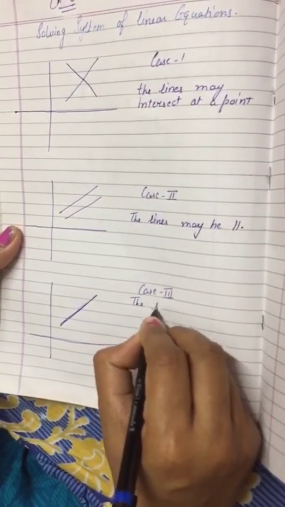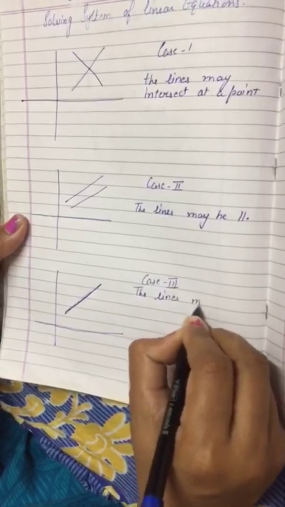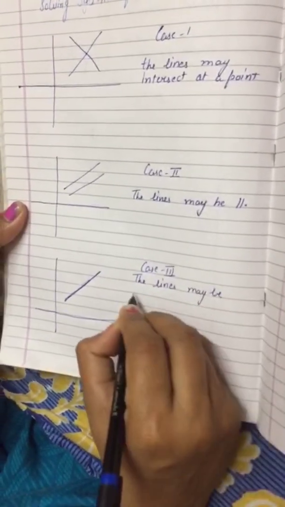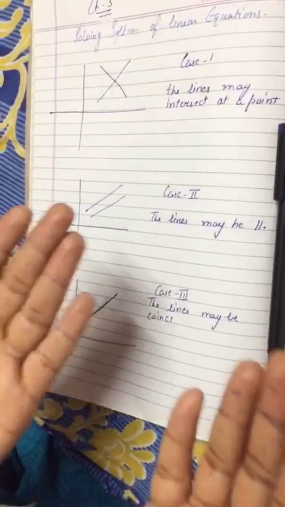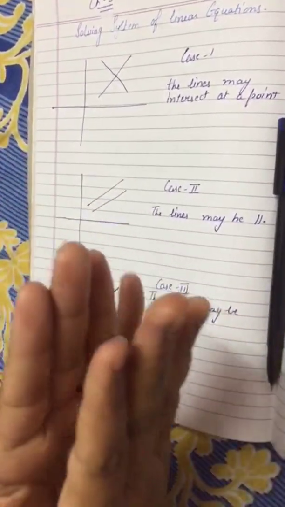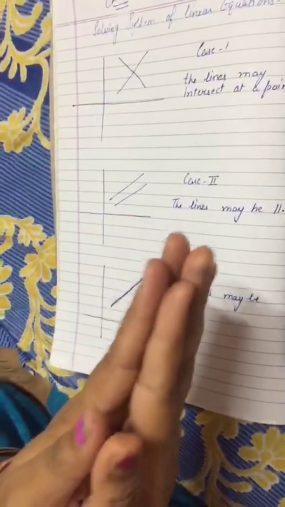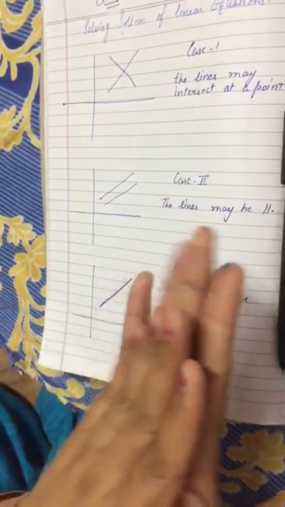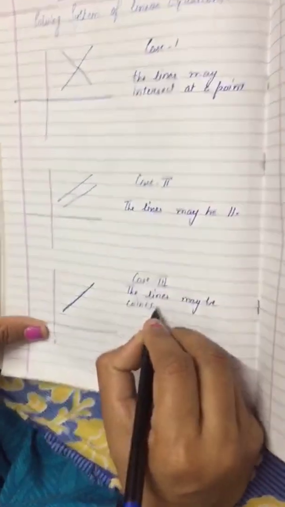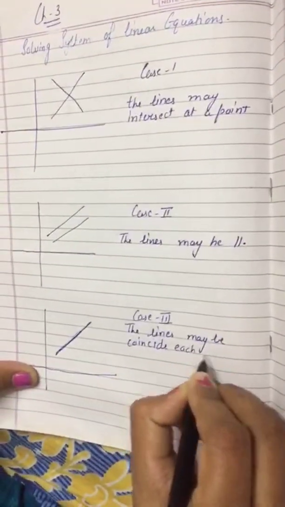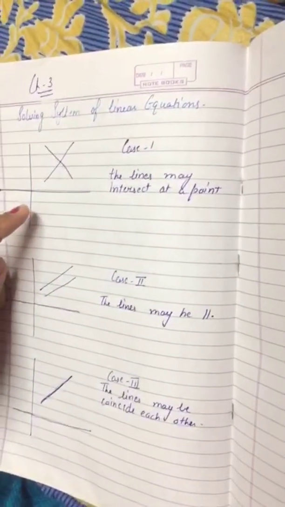The lines may coincide. Coincide means when all the points, just like you have two hands and you join them, all the points of one hand coincide with all the points of the other hand. So there are three cases that arise.